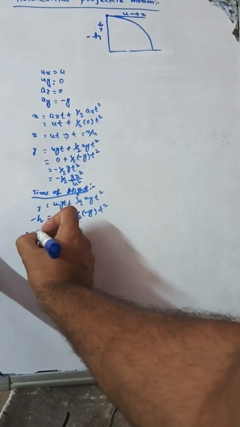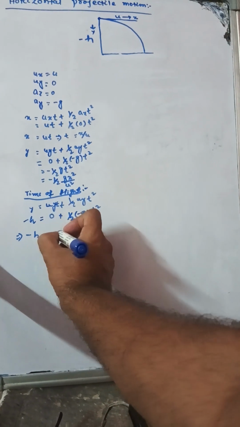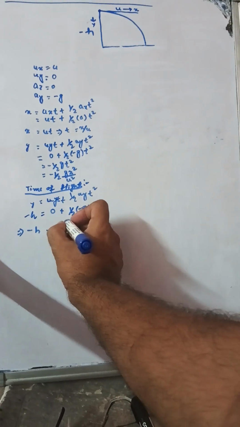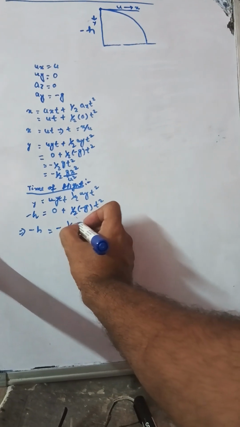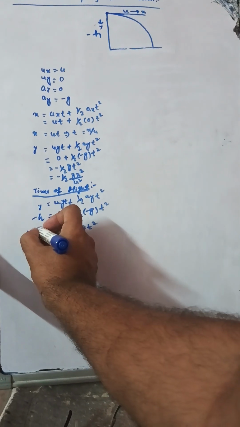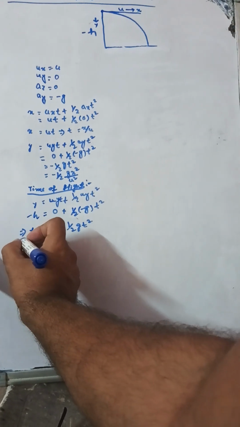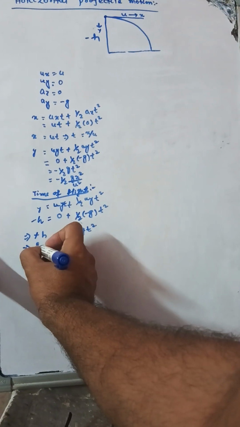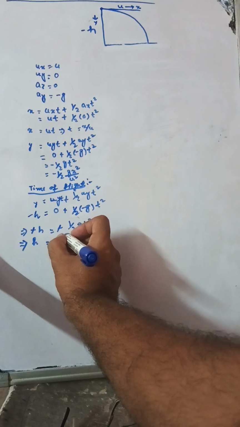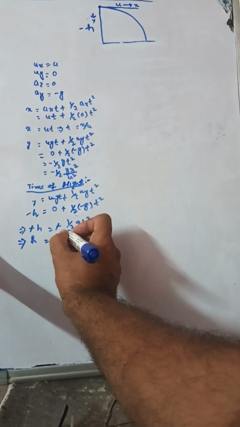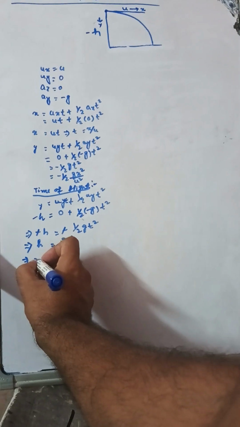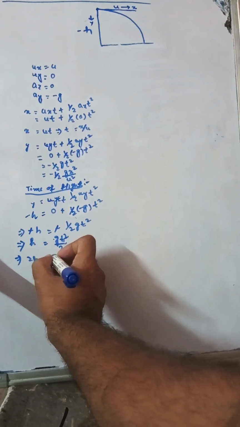This implies that minus h is equal to minus half gt square, the minus signs cancel. This implies that h is equal to gt square by 2, so 2h is equal to gt square.